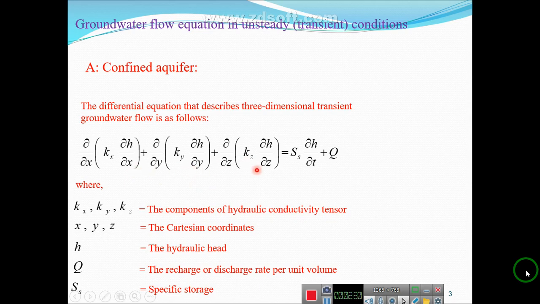X, y, and z are the Cartesian coordinates. H is the hydraulic head. Q represents the recharge or discharge rate per unit volume of the aquifer. T is time, and Ss is the specific storage of a confined aquifer.